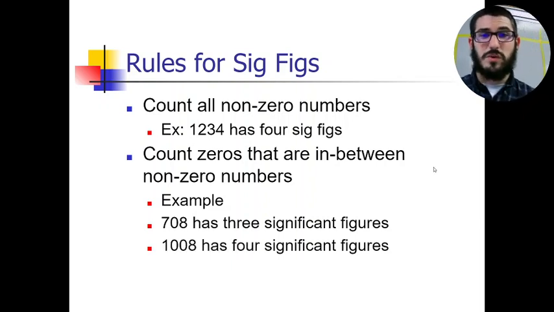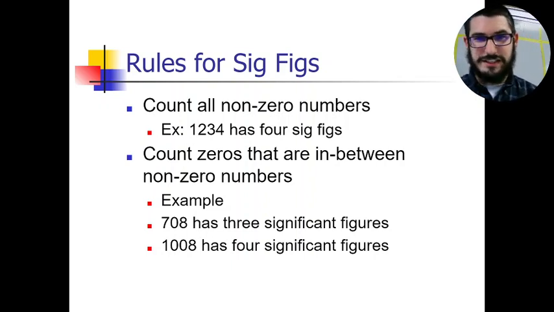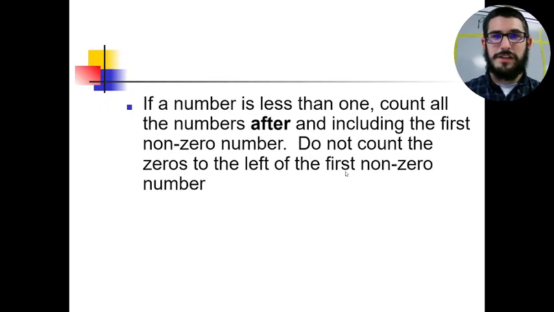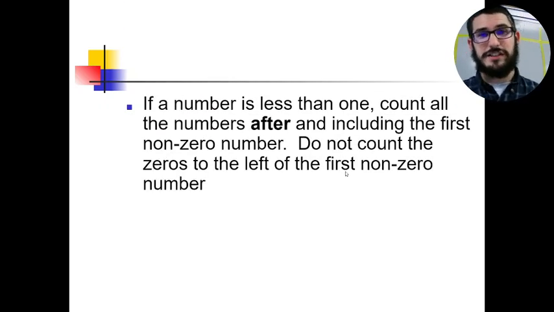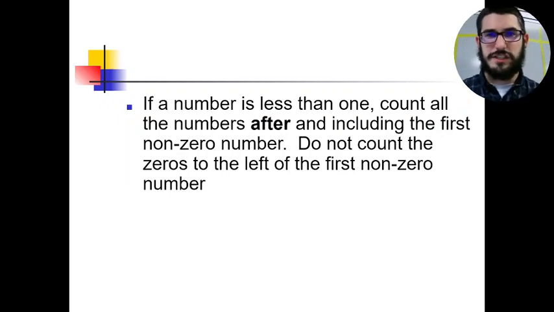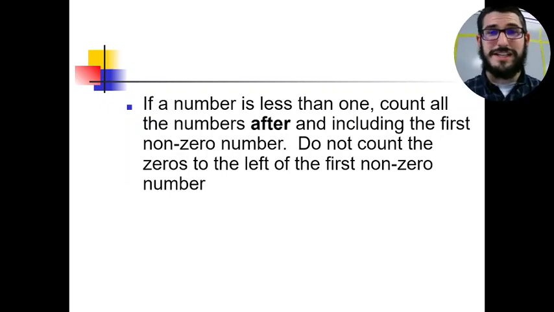Then 1008, 1 is a non-zero, 8 is a non-zero. Those zeros are trapped between it, so also significant. If a number is less than 1, count all the numbers after and including the first non-zero number. Do not count the zeros to the left of the first non-zero number.